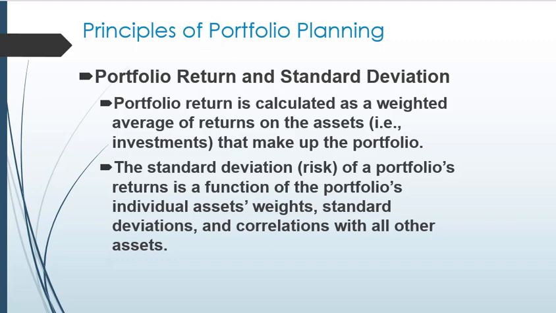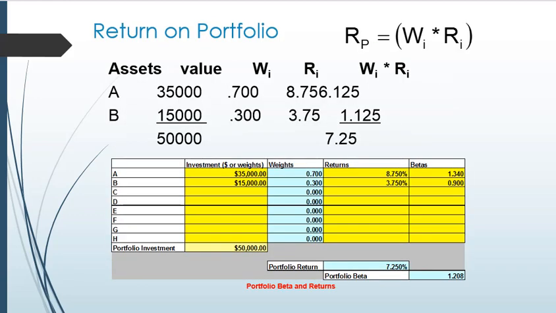The statistic we'll talk about is called correlation. So the standard deviation is a function of the assets' weights, their standard deviations, and the relationship they have with each other. Let's talk about how you find the rate of return on a portfolio.